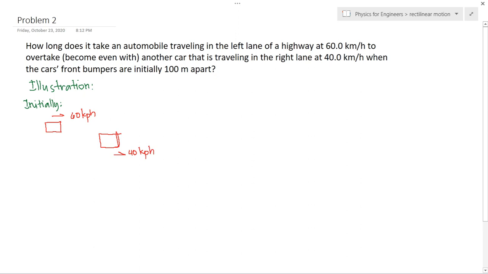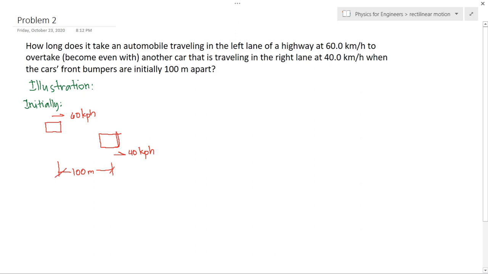So from these two cars, there is a possibility that the 60 kph will overtake 40 kilometers per hour. And then the relative distance for the two is 100 meters at the initial point of time.